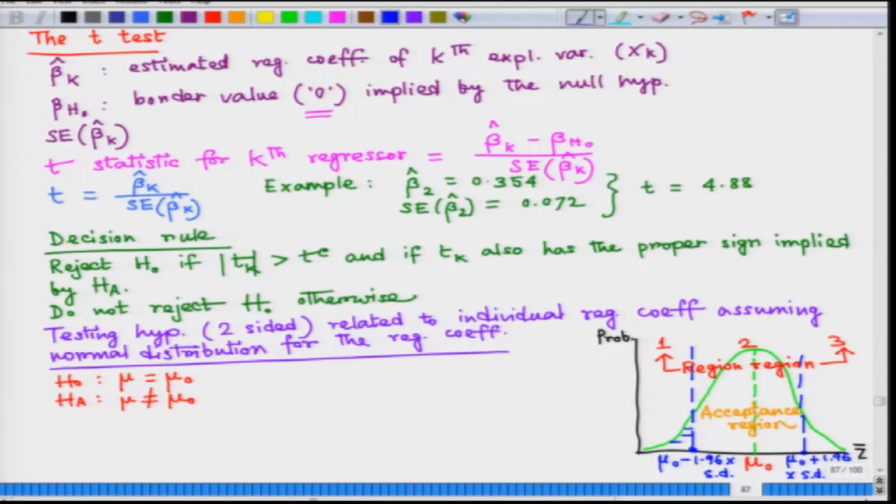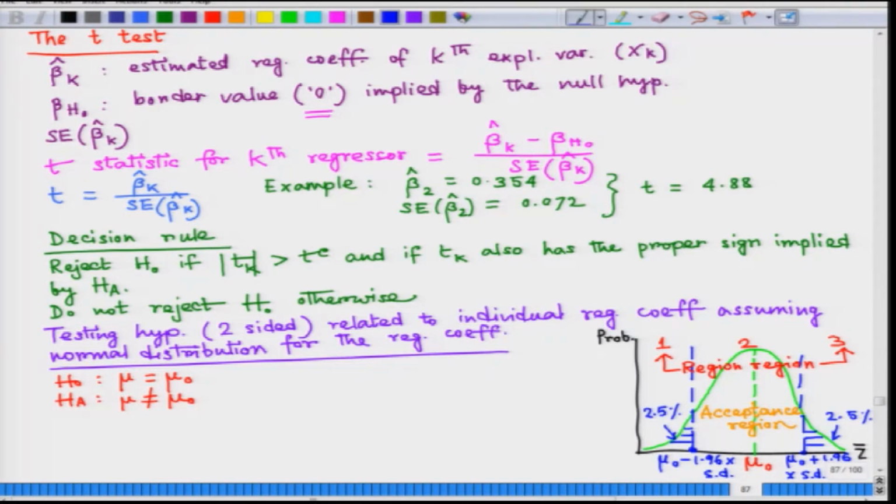The area that I am shading currently gives 2.5% of the probability mass, and as the second part of the rejection region is a mirror image, this also gives 2.5% of the probability mass.